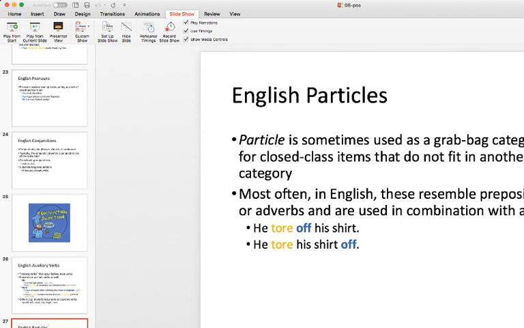They're actually more closely tied to the verb than to the noun that follows. Although they can do crazy things, like you can move them to the end of a sentence, so you can say both he tore off his shirt and he tore his shirt off.